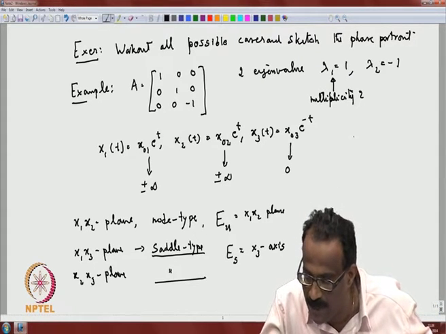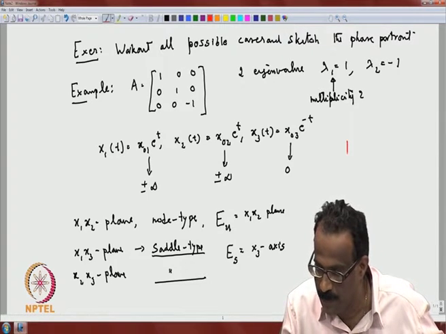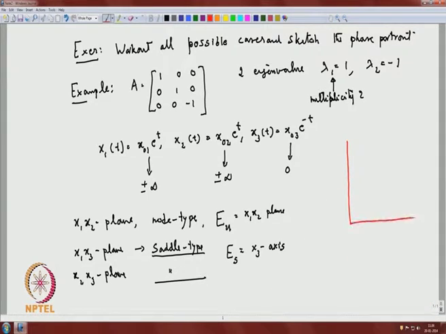Now, let us try to plot these things. So, this is your x2, this is your x1 and this is your x3. You can extend your x3 like this.